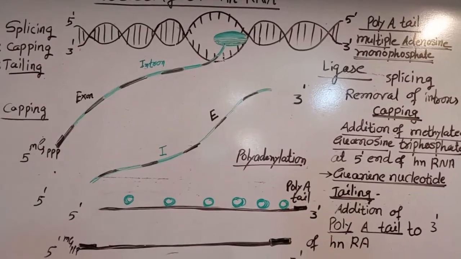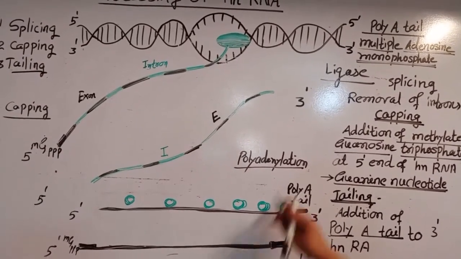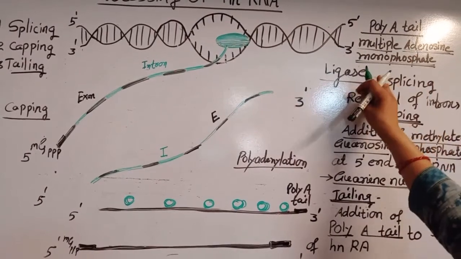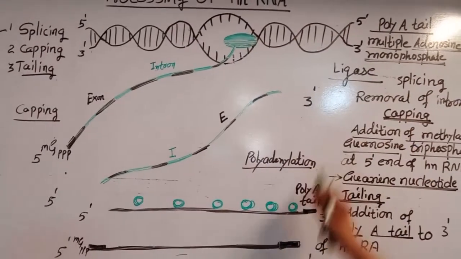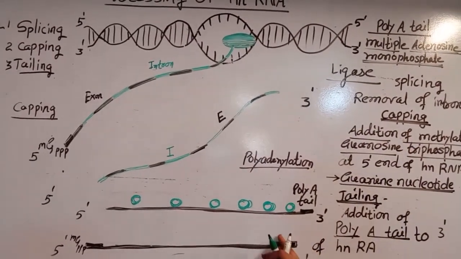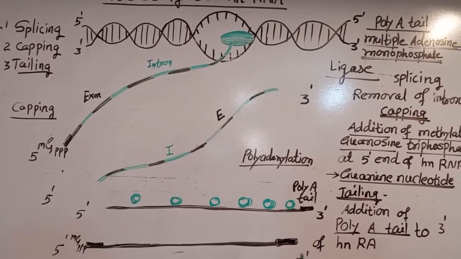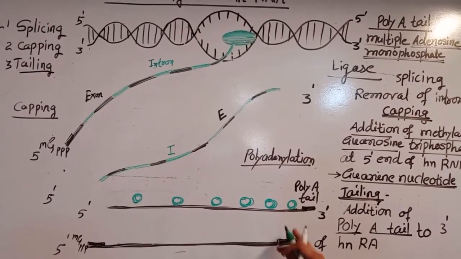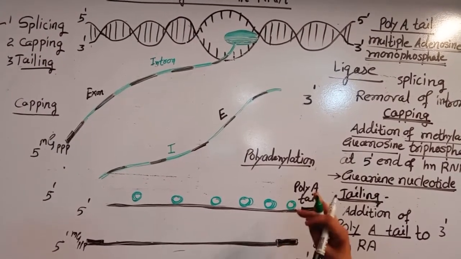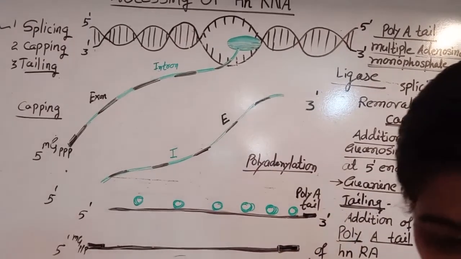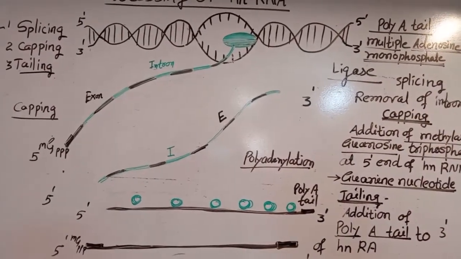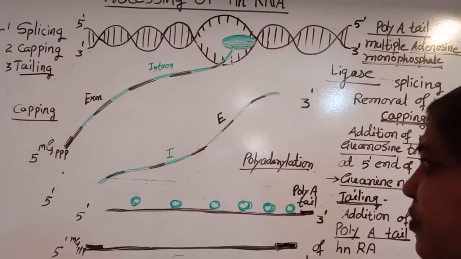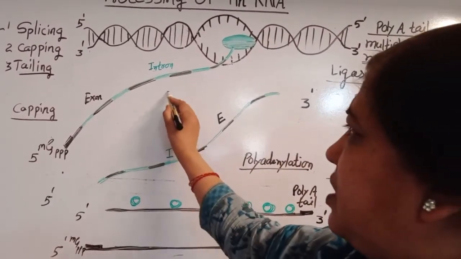Here multiple adenosine monophosphates cause a stretching of hnRNA, and it helps hnRNA to prevent degradation.